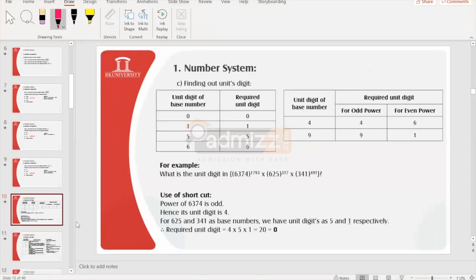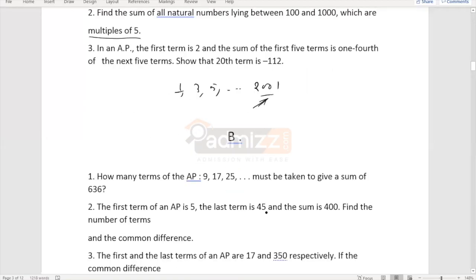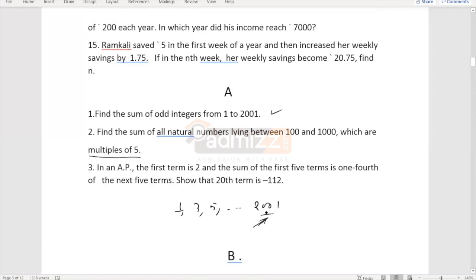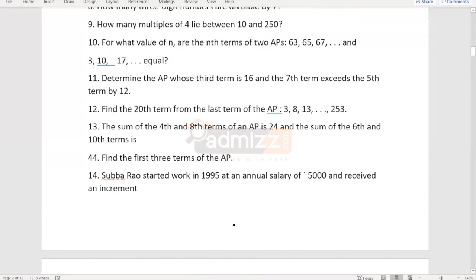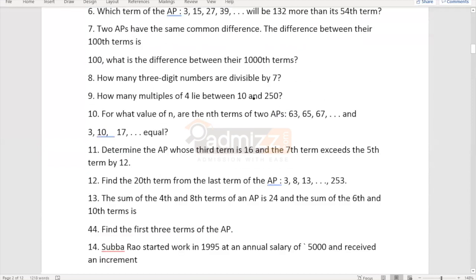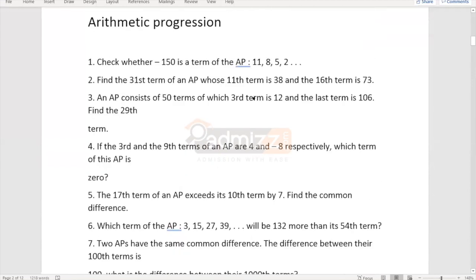Now we can see here the same type of questions are given. Arithmetic progression.